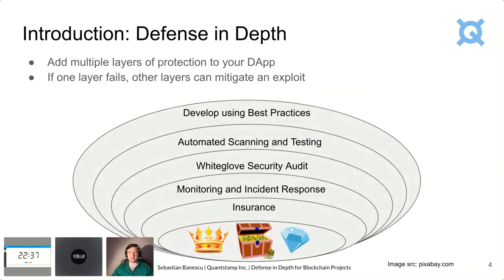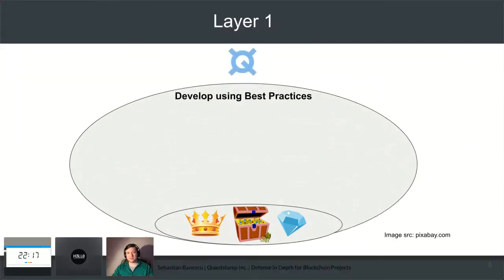You can see the attackers coming from the outside and trying to get to your crown jewels. And if your layers are strong, then the attacker is going to have a hard time getting there, right? That's the idea. And we're going to go through each of these layers in more detail, starting with the development best practices.